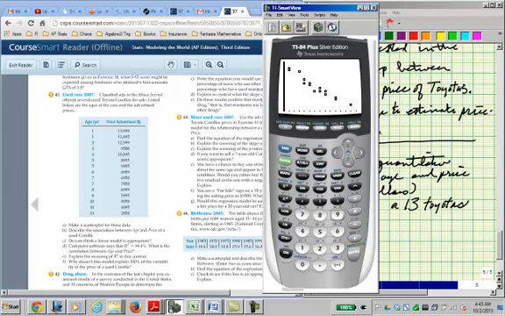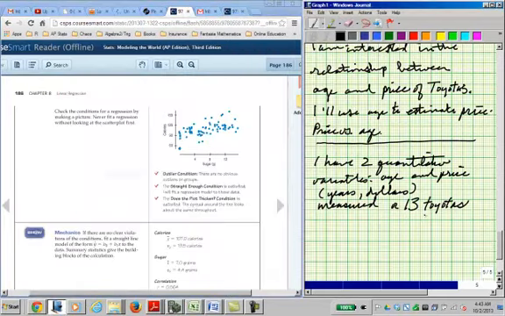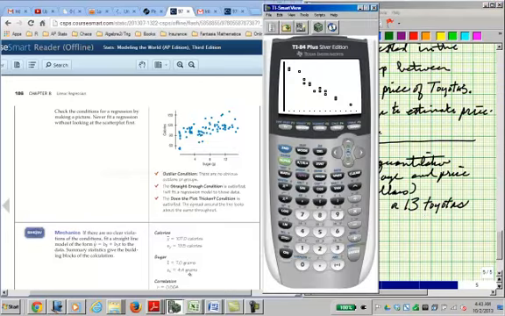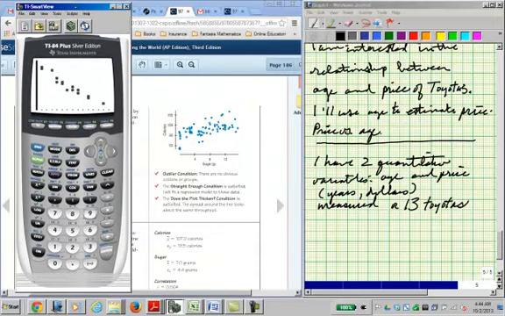I can go back to answering the question and the rubric for answering the question. Okay, and I'm going to put the calculator picture somewhere where I can see it. So let's go over here. And outliers.